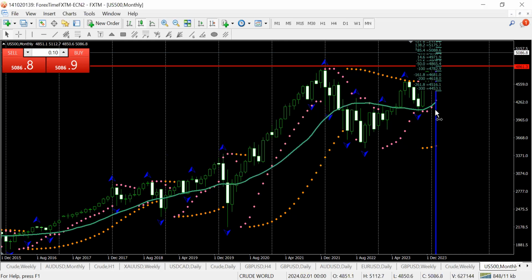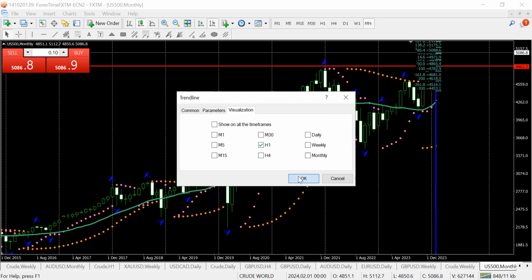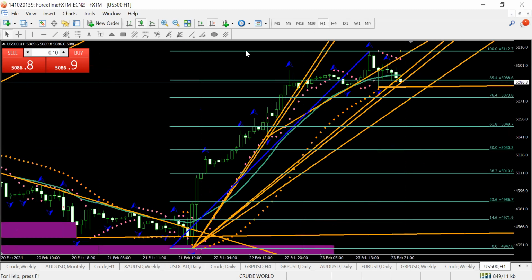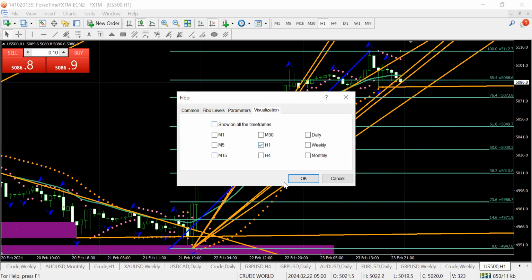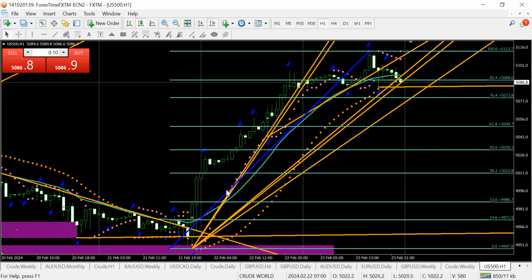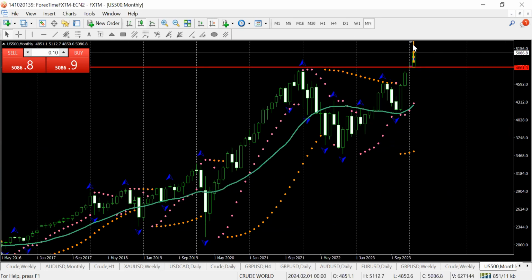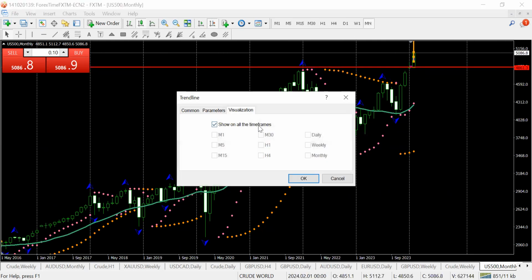We are doing this on a 1 hour, fine. But let's look at a monthly time frame so we can understand the market at a glance. If you look at the monthly time frame, you see that the same rule applies.